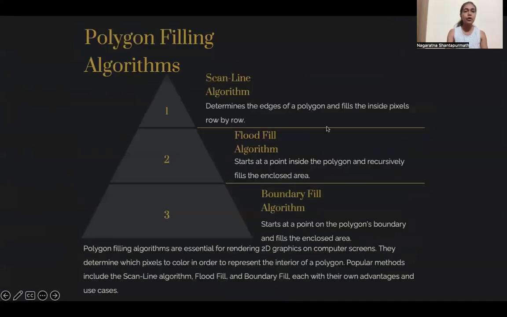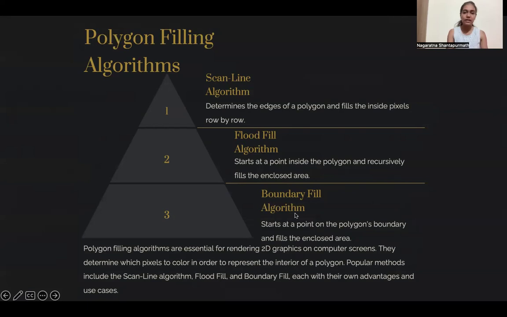The polygon filling algorithms consist of the scan line algorithm, the flood fill algorithm, and the boundary fill algorithm. The scan line algorithm determines the edges of the polygon and fills the inside pixels row by row. The flood fill algorithm starts at a point inside the polygon and recursively fills the enclosed area.